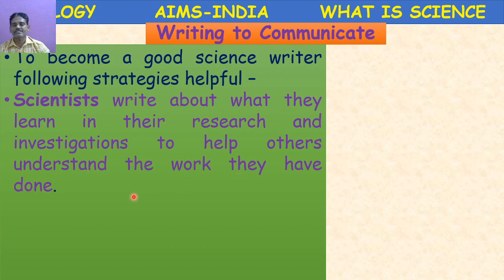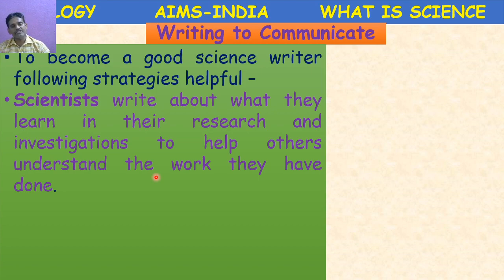Unless you put it on paper, what you have done, you cannot remember each and every step. You cannot remember the process exactly. So if you make a note of every step, the results of every experiment, every event, then it will be useful for others also to understand the work you have done.